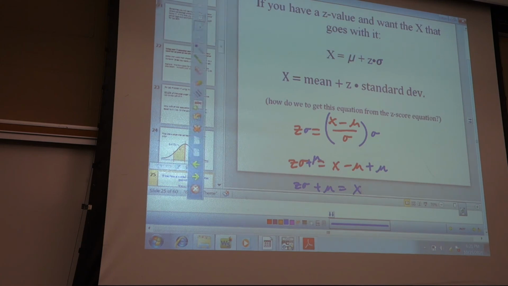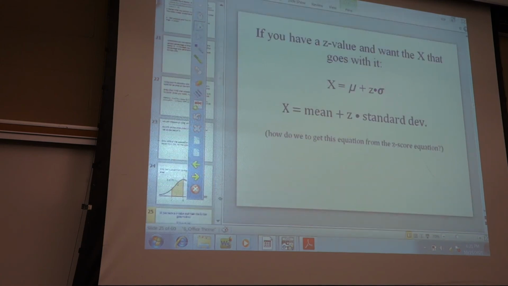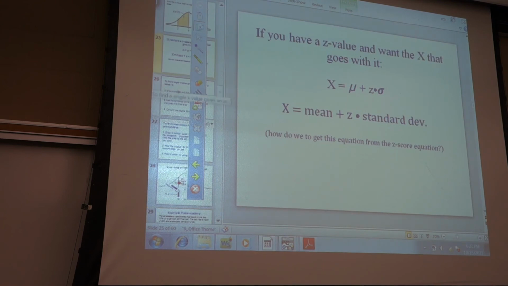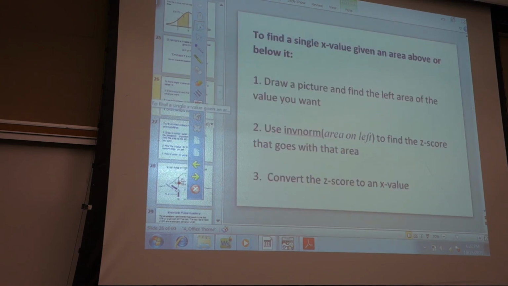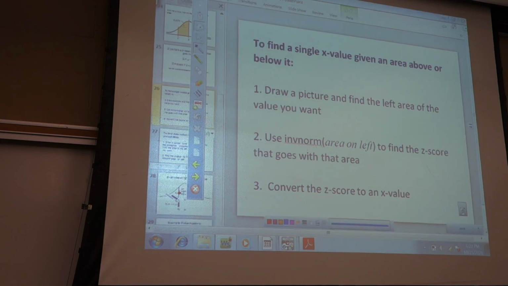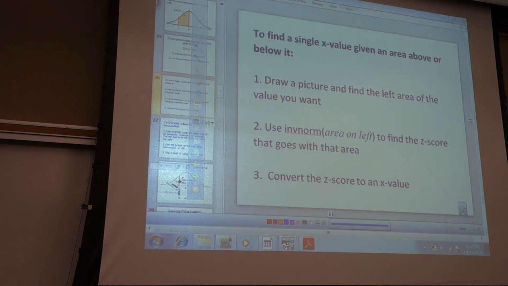All right, let's take a look. So this is the bottom of your page. Fill these in. Thank the 2 o'clock class for finding this easier and faster.